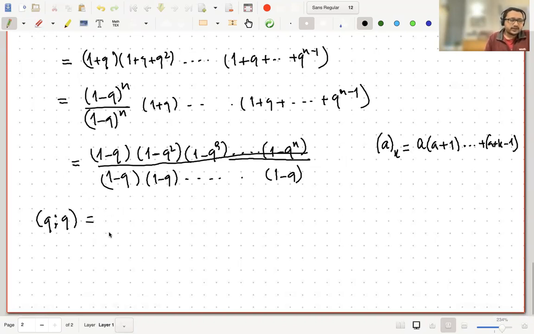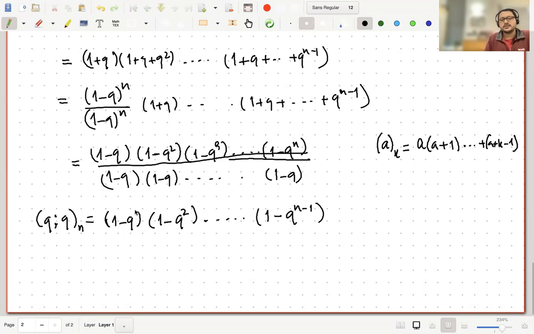So we start with 1 minus q, and then the next product will be 1 minus q squared. So we are going to increase the power here, okay, and so on up to 1 minus q to the n minus 1. So you can see the similarity here. This is an additive sort of analog for the multiplicative case here.